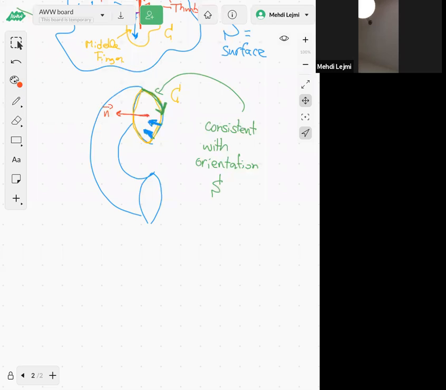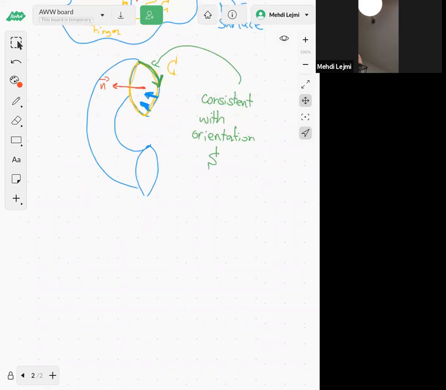So what does Stokes' theorem say? Here's Stokes' theorem. We start with some surface in space.